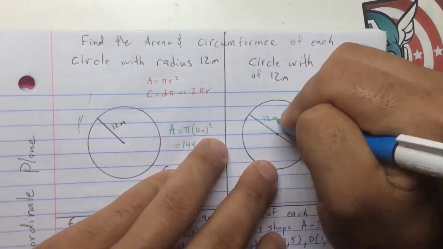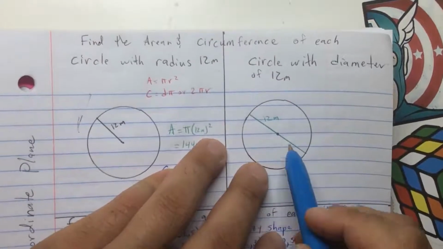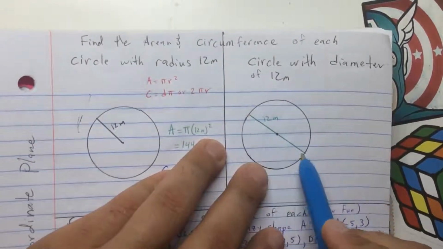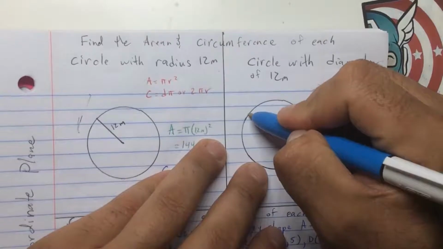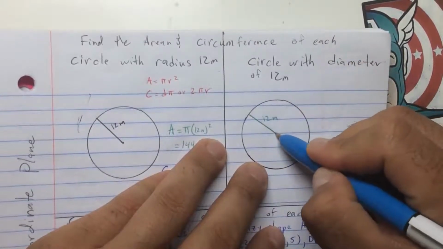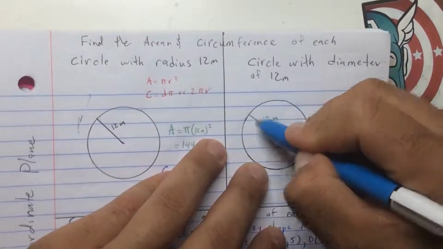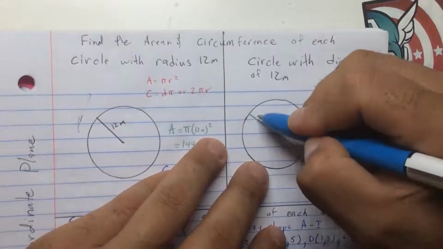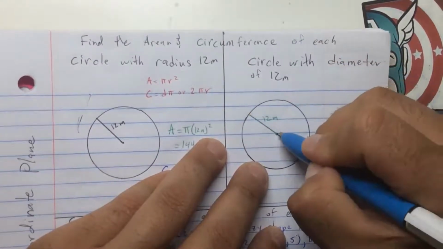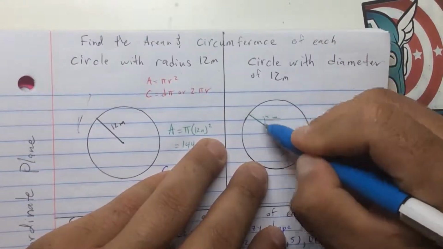Which is 12 meters. The diameter is all the way across the circle and hits the center point. It can't just be a line anywhere; that's called a chord. But the radius is only half of that, because it's only half of the full distance.